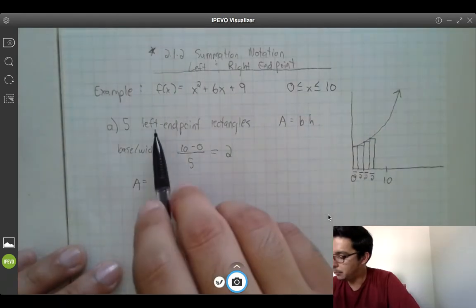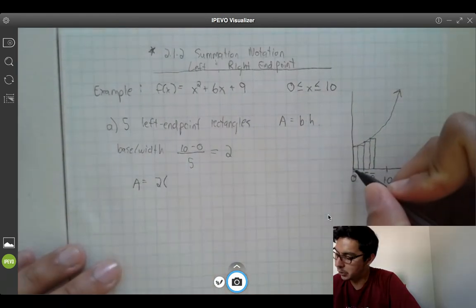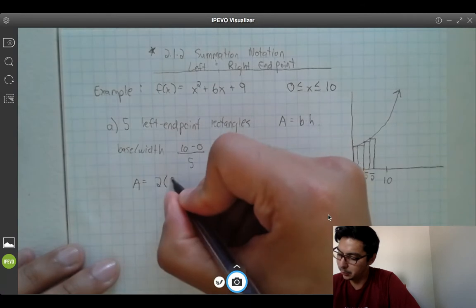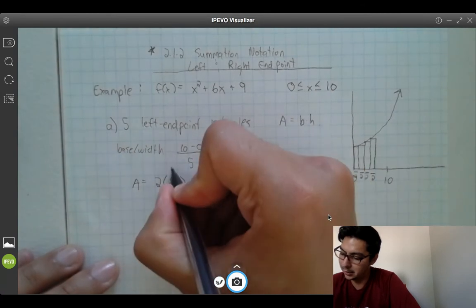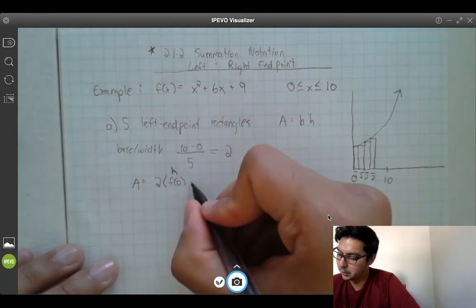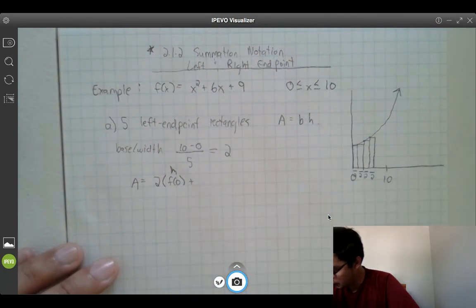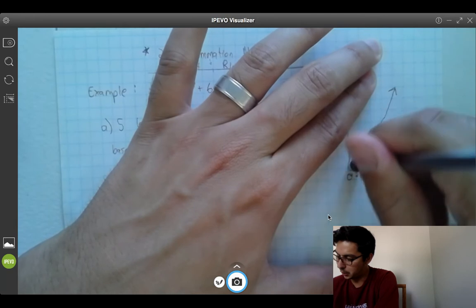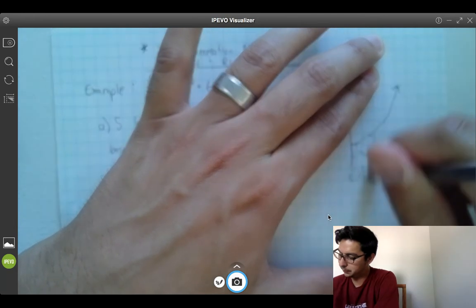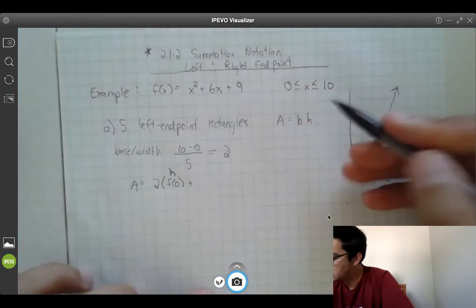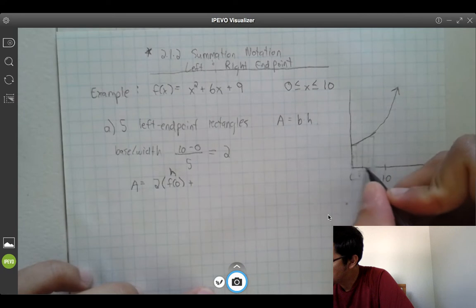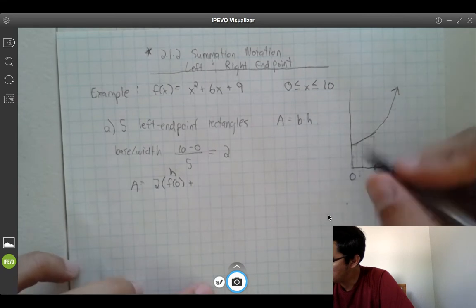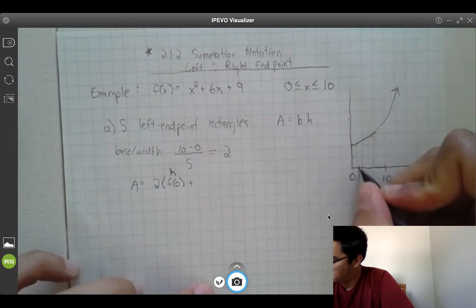So if it's left endpoint, the first one is going to be the function f at 0. So it'll be f of 0. That's the height of that first rectangle. Plus the next rectangle, well, I'm 2 over, so 0, and then I go 2 over.